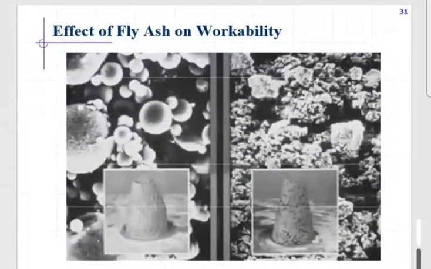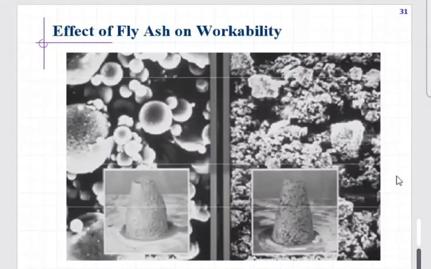Then if you see the effect on workability, if your particles are regular, you will have improved workability. In the case of our fly ash, the particles are spherical, so our workability is improved.